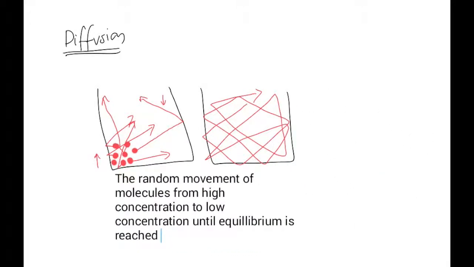This will occur for all molecules. They'll have that kinetic energy, they'll be moving, they'll be colliding. So over time, they'll be moving from an area of high concentration to low concentration. The thing that sets up that concentration gradient is again our cell membrane. Our cell membrane is going to have molecules maybe high on this side, low on this side, so we're going to get movement across the membrane, provided it can go over that membrane.